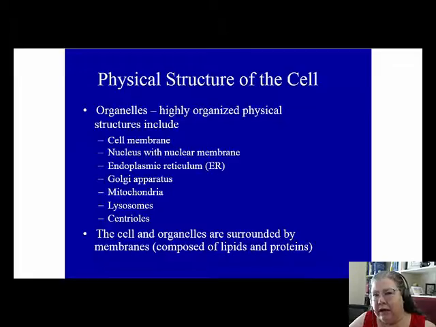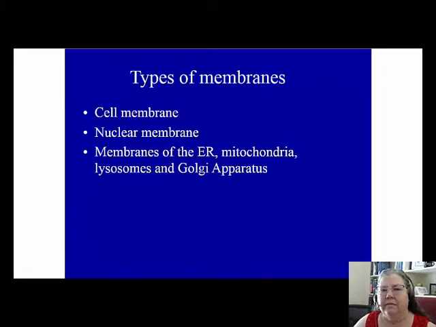Most of the organelles are also surrounded by membranes. Those membranes, as I said earlier, are composed of lipids, specifically phospholipid and cholesterol, along with structures that are made of proteins that perform a number of tasks within those membranes.